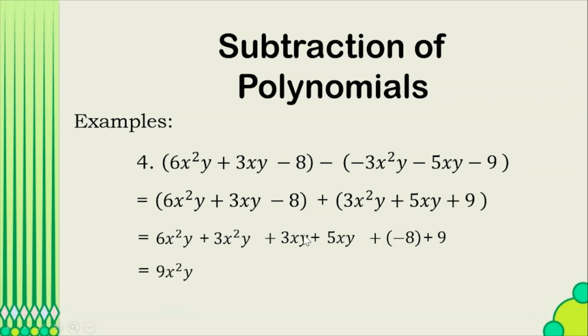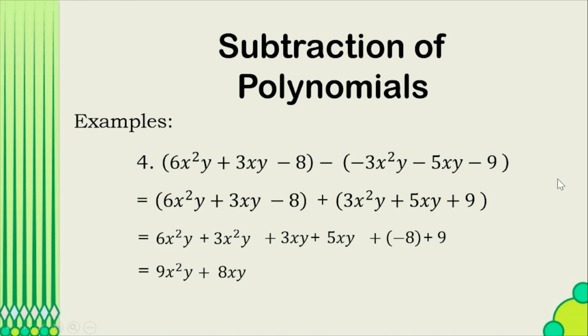Next, 3xy plus 5xy. What are the numerical coefficients? 3 and 5. Both positive, right? So you just need to add. 3 plus 5 is 8. And copy xy. So we have plus 8xy. Next, we have negative 8 plus 9. So look at the signs. Unlike signs, right? So you need to get their absolute values.